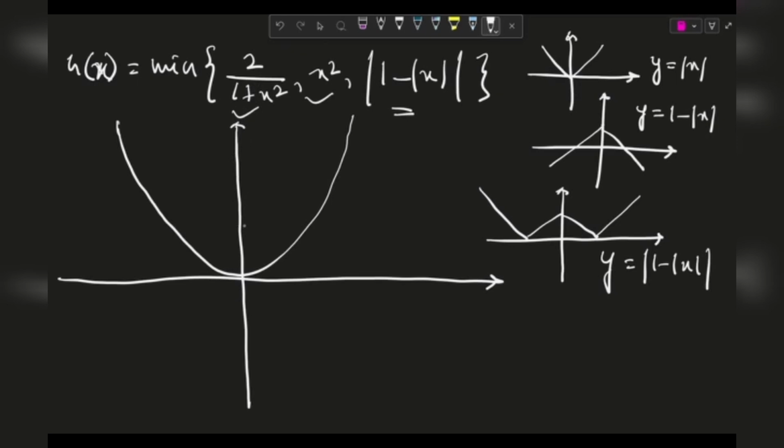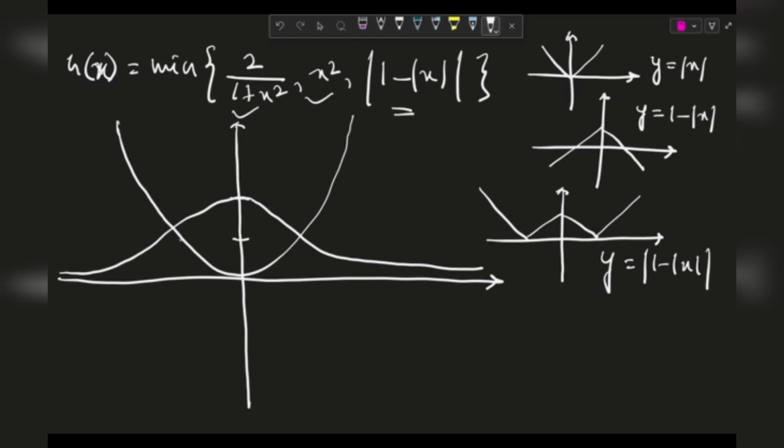So basically, if this is 1 and this is 2, the graph of 2 by 1 plus x square at x tends to infinity will go towards y tends to 0. So something of this sort. It will touch like this and again continue, something of this approximately. And we have the graph ready.